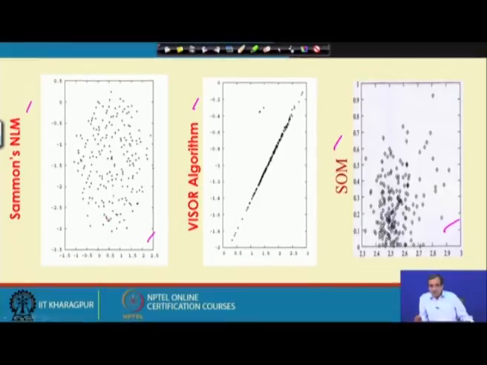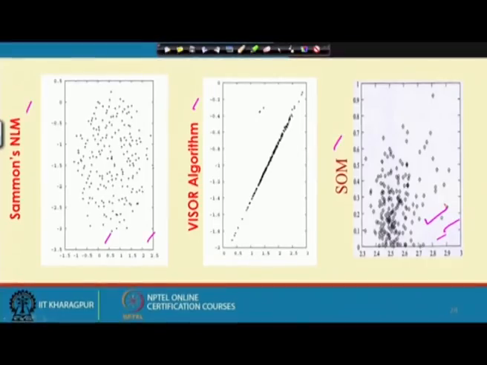The computational complexity of the self organizing map is slightly less than Sammon's nonlinear mapping, or very close to it, but quality wise, Sammon's nonlinear mapping and the self organizing map are going to give slightly better data points in lower dimension in terms of visualization. That means, in terms of visualization we can declare that this is the best. In terms of computational complexity, this is the fastest.